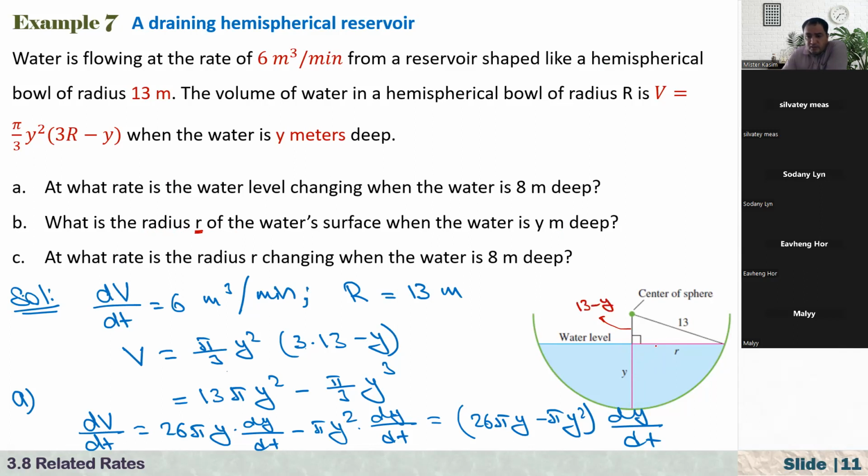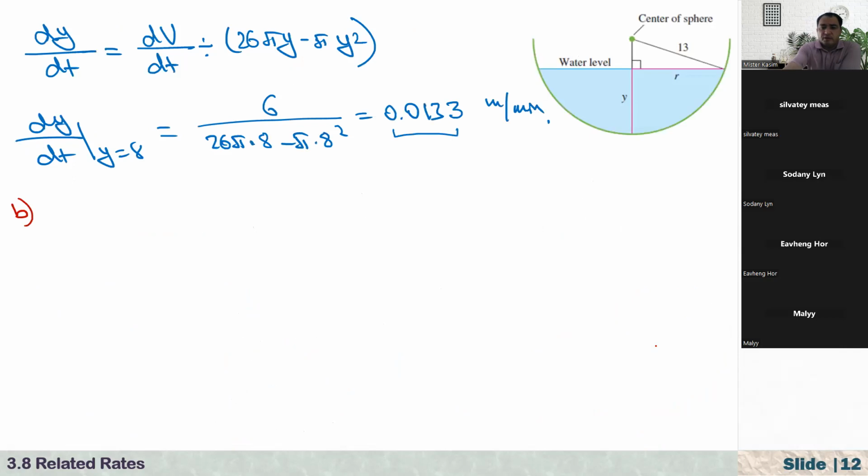So now we have a right angle triangle. By this equation I can find r. So (13 minus y) squared plus r squared is equal to 13 squared, or r squared is equal to 13 squared minus (13 minus y) squared.